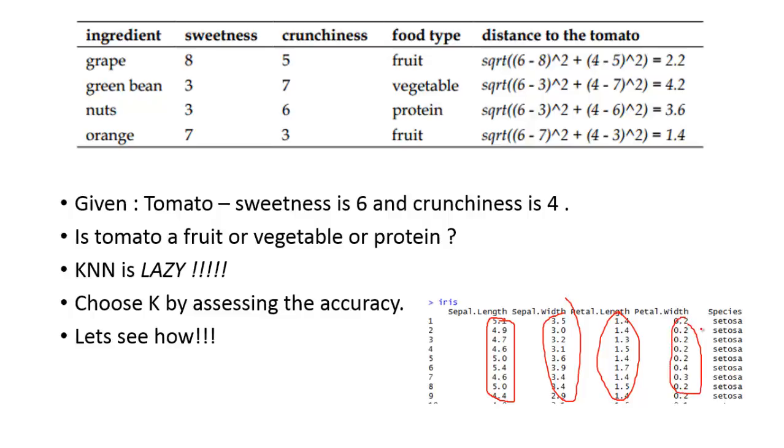KNN measures the Euclidean distance. So what if some vectors here have a smaller amplitude and others a higher amplitude? The larger vector will have much more dominance compared to the smaller one.